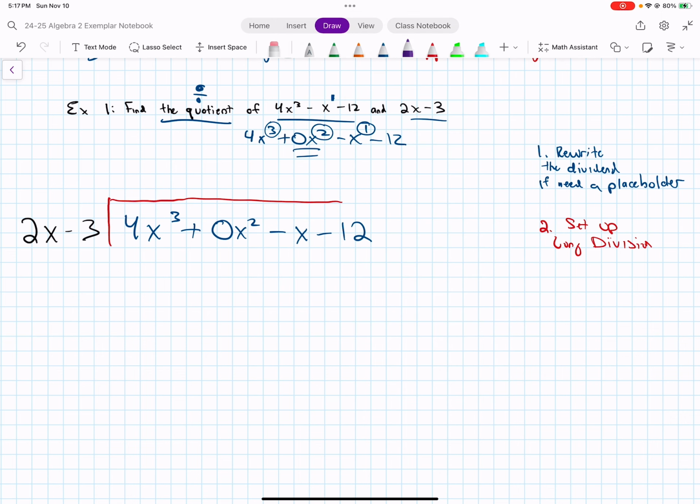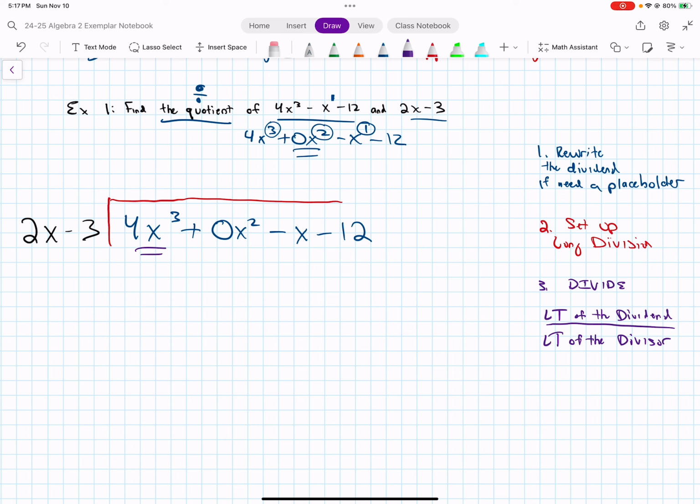I'm now going to divide the leading term of the dividend by the leading term of the divisor.